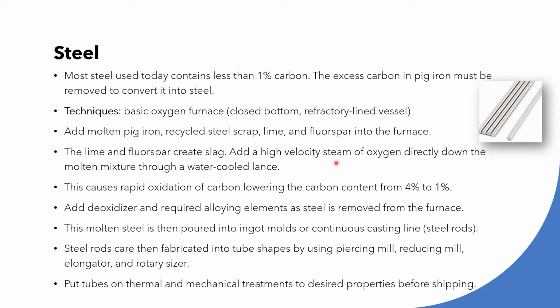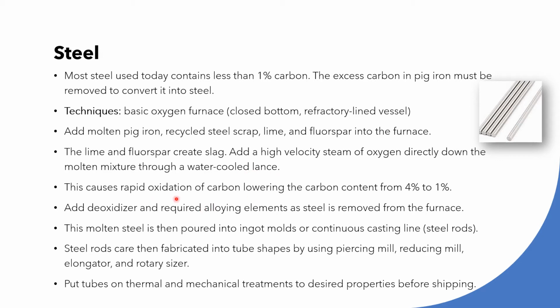Oxygen itself is not hot, but you're dealing with liquid molten iron. When you blow a stream of oxygen, it's burning hot because oxygen favors the fire. When you put it directly onto the molten mixture, you have to use a cooling agent, and we call that the water-cooled lance.